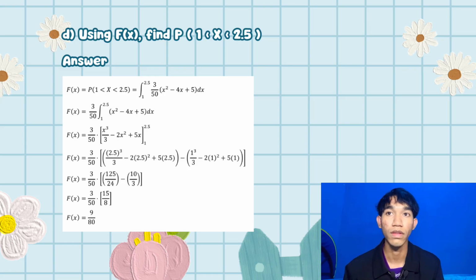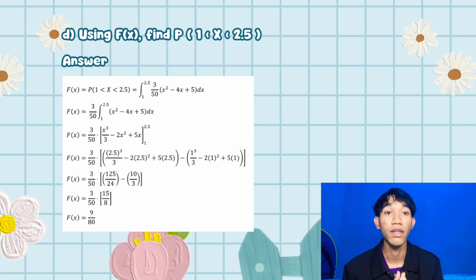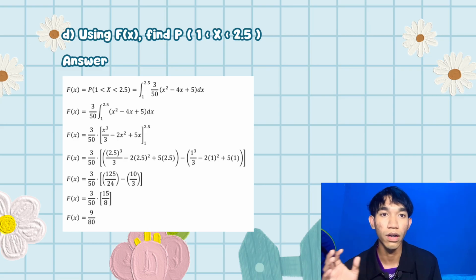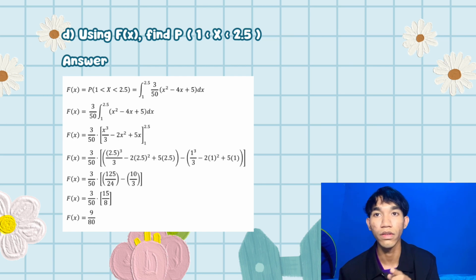Same as before, we just use the formula that we already learned and substitute the function and the limits also, which are 2.5 and 1, and then we bring the 3/15 in front of the integration and integrate the function and substitute the values of x equal to 2.5 and 1, which are the limits, and subtract, and we got 9/18.